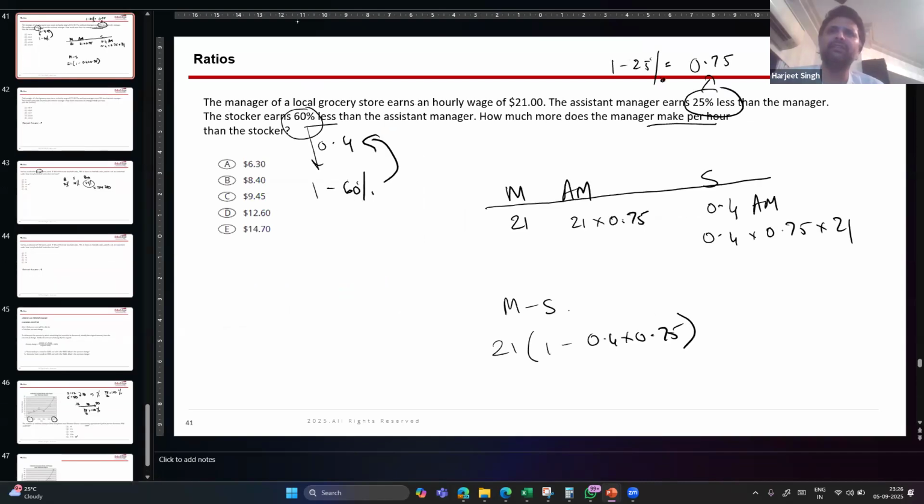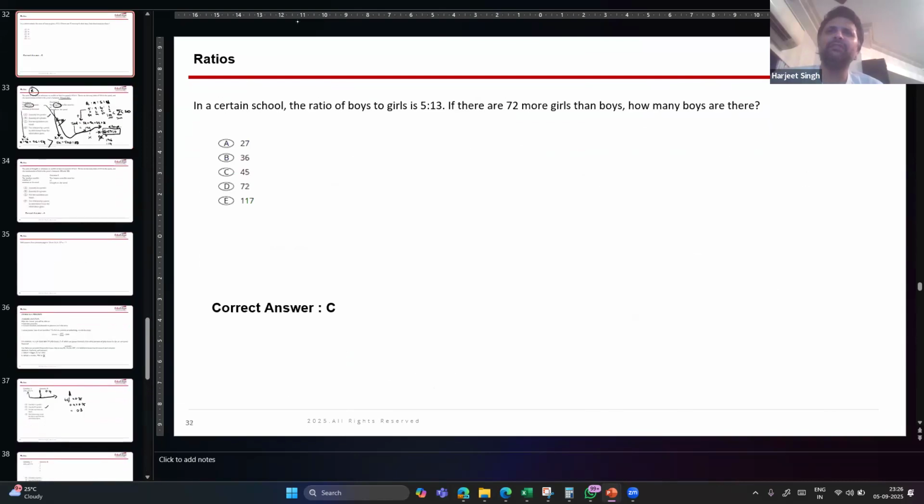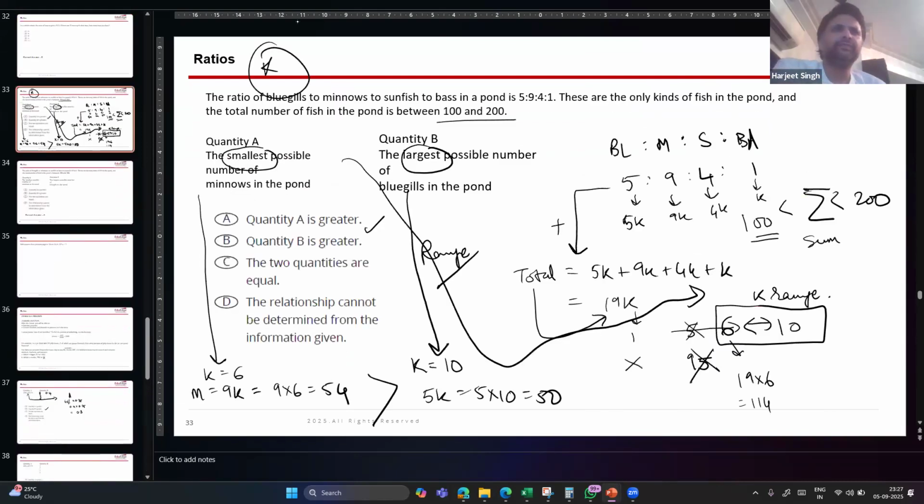conceptual understanding. I think it was this one, right? So generally, when you have a series of ratios and there's a word problem, try to convert those ratios into factors of k or whatever variable you want to put there. You can also put x. So 5x is to 9x is to 4x is to x.